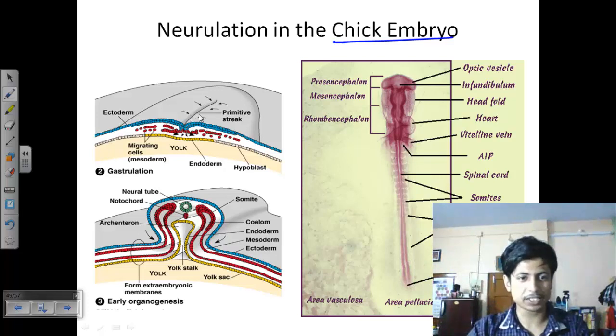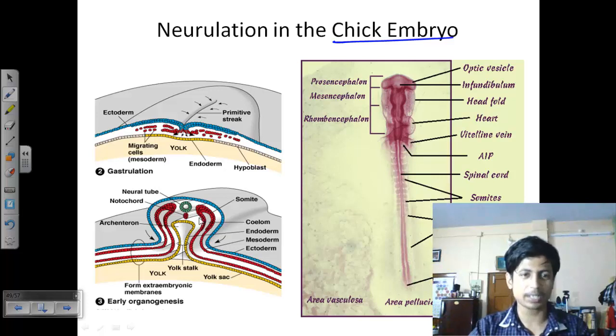During the formation of these structures, see here, all these cell layers, the yellow colored endoderm, the red colored mesoderm, as well as the blue colored ectoderm, all the cells start to rise.